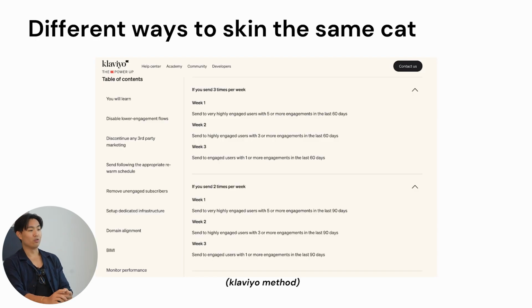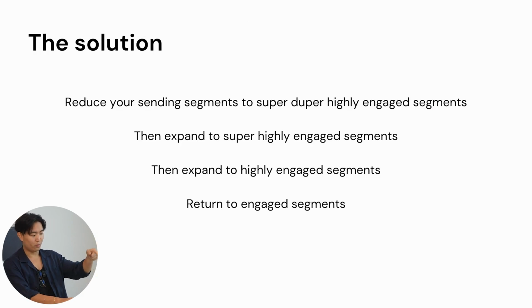Now, if you go on YouTube or just search around on Google, they have different methodologies, but the principle always boils down to sending to a really targeted, hyper engaged list, then a slightly less engaged list, then a slightly less engaged list, and then back to your normal sending, right?